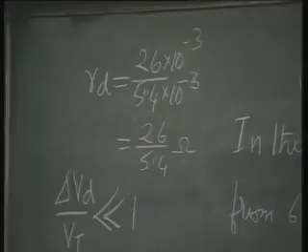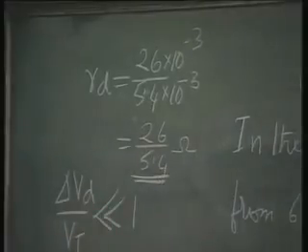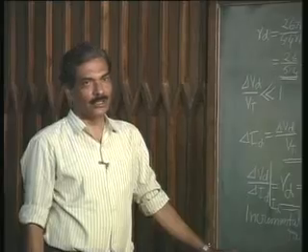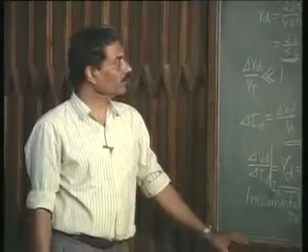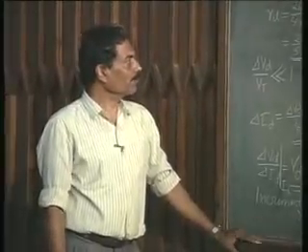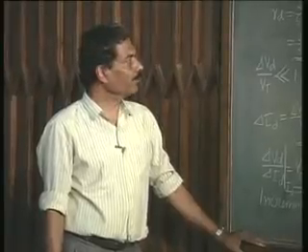So, this is the resistance of the diode, which is of the order of a few ohms, around 4 ohms, less than 5 ohms.